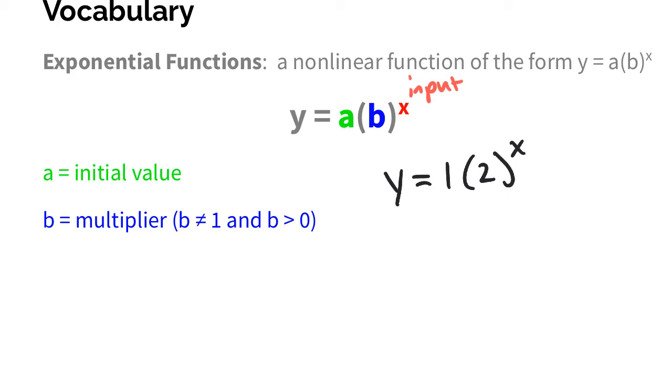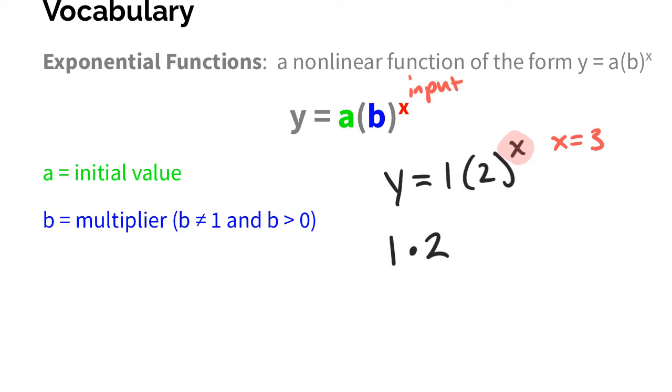What this means is I'm going to take the number 1 and I'm going to multiply it by 2, and the exponent is going to tell me how many times I'm going to multiply 1 by 2. So let's say that x is equal to 3.